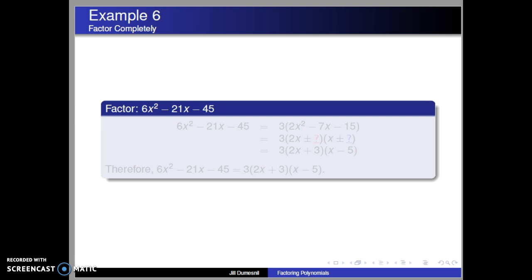Now let's consider the quadratic trinomial 6x squared minus 21x minus 45. Before jumping in with our quadratic trinomial techniques, it's useful to notice that all the coefficients are divisible by 3. So factoring out a common factor of 3 leaves me with a trinomial of the form 2x squared minus 7x minus 15.